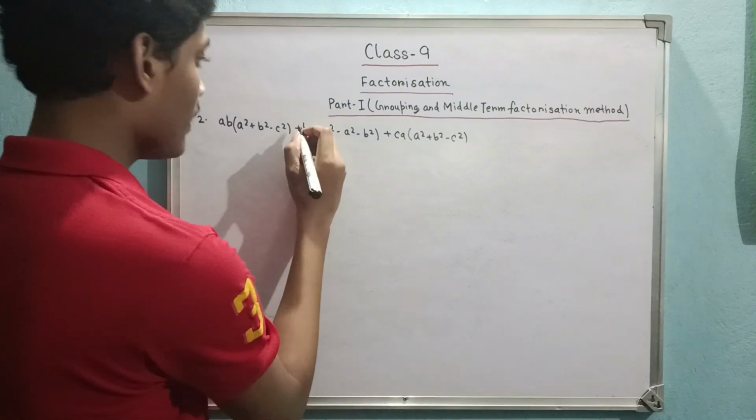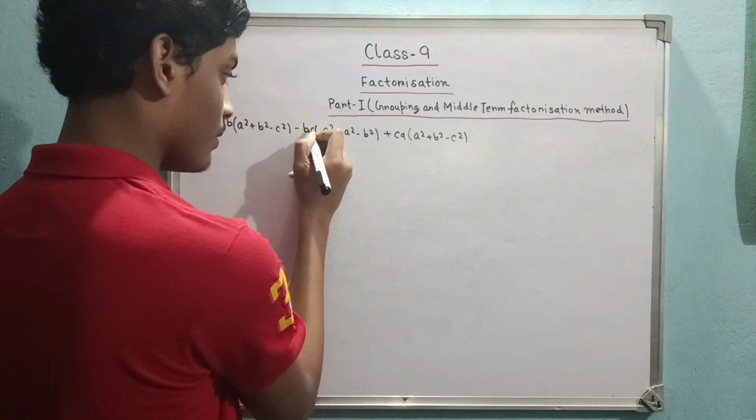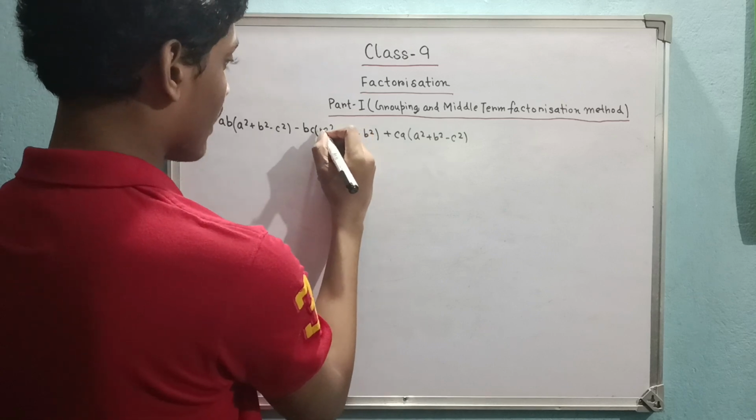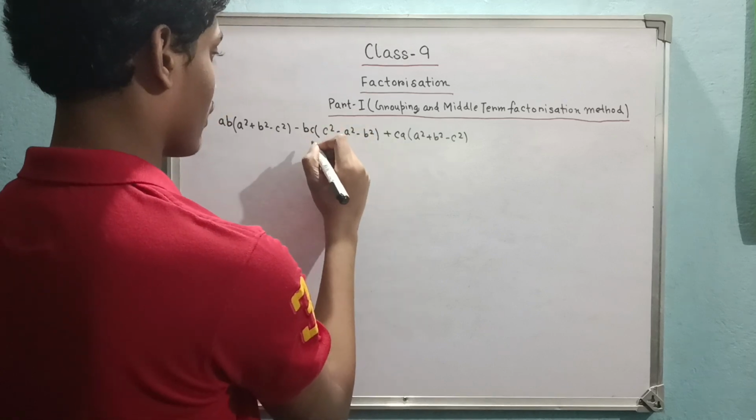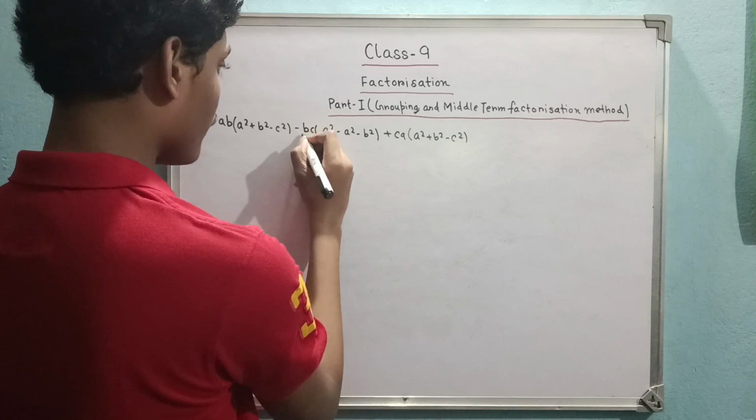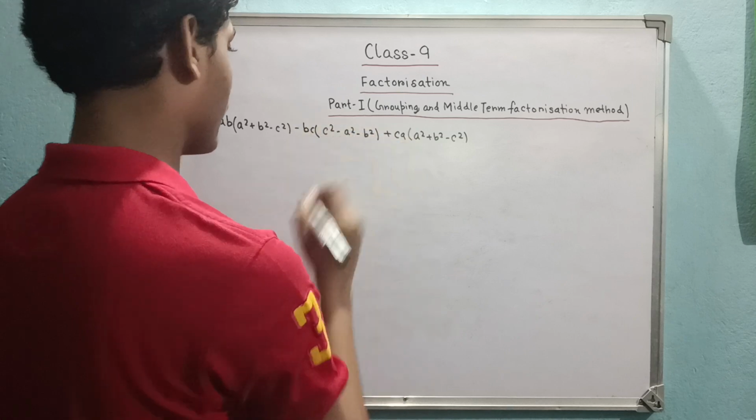So guys, remember, if I change this minus sign of minus bc, then the signs of these three will change. Means if I write this as plus bc, it will be minus c square plus a square plus b square.